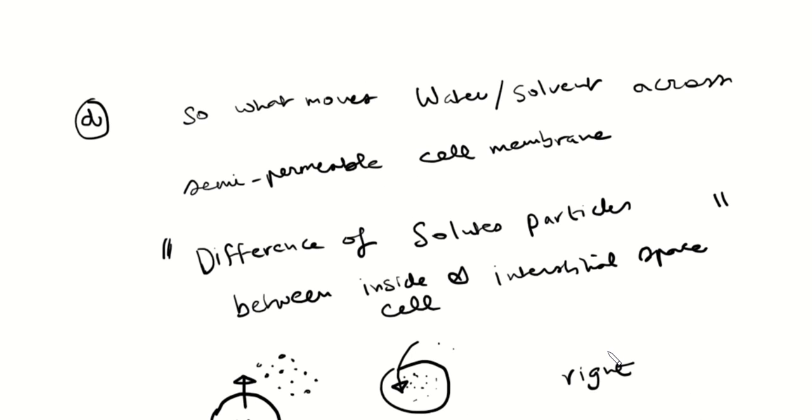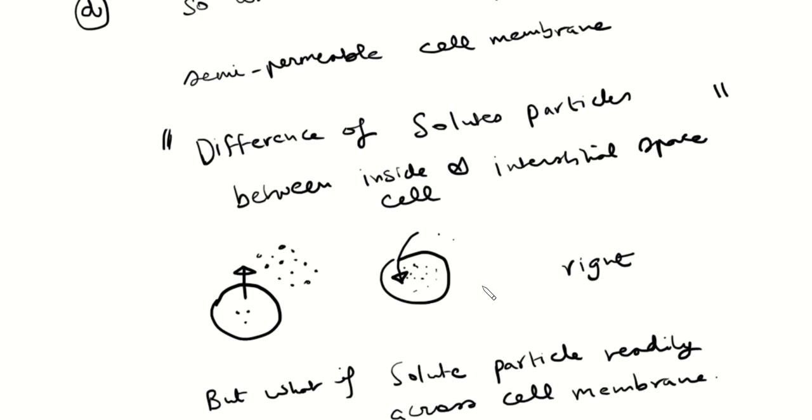So what moves the water, or the solvent, across the semi-permeable cell membrane? Like I said, it's the difference in solute particles. As you can see here, there are fewer solute particles inside and more solute particles immediately outside the cell, in the interstitium.